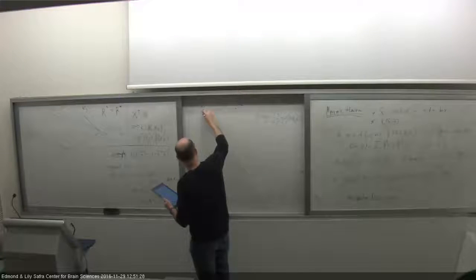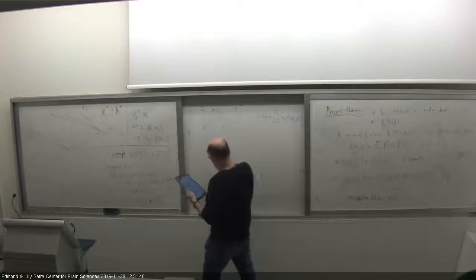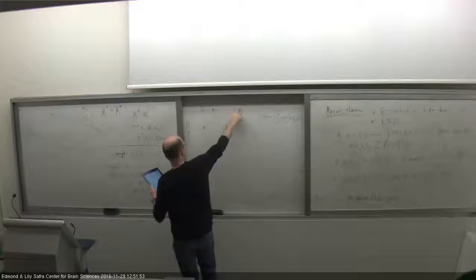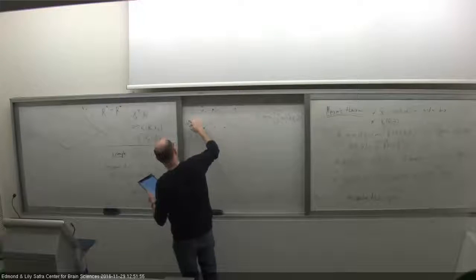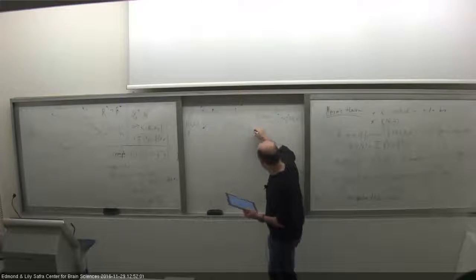We need to calculate p quantities. What are they? For a given x, this one, for example, would be k of x, x1. The last one would be k of x, xp.